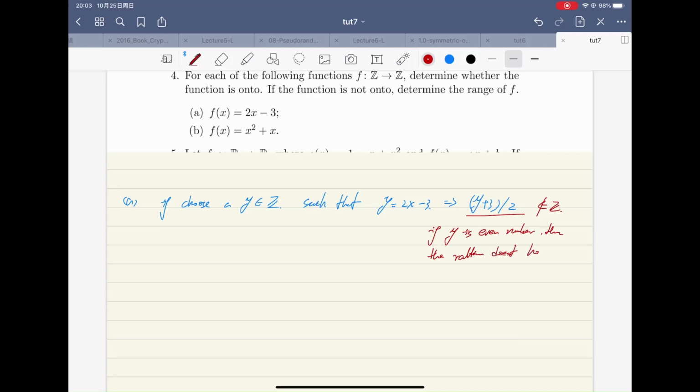So the first function is not an onto function.